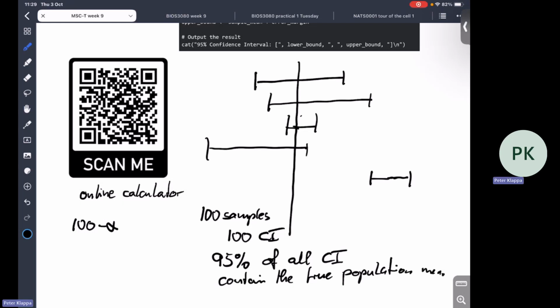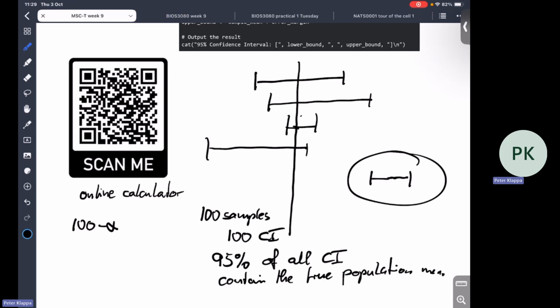As I indicated here, 95 of them contain it. You see this one here? This is a confidence interval that we got from another sample, but it doesn't contain the true population mean. That's one of these 5 that won't.